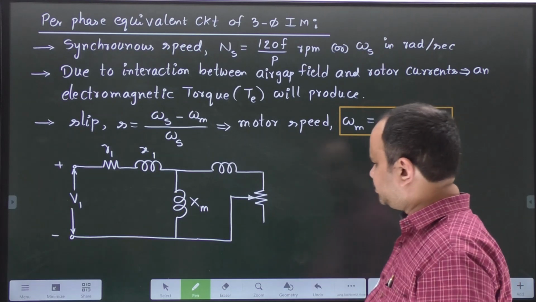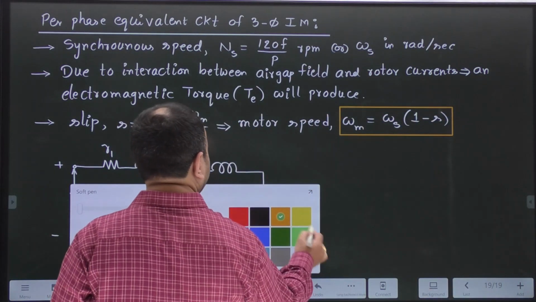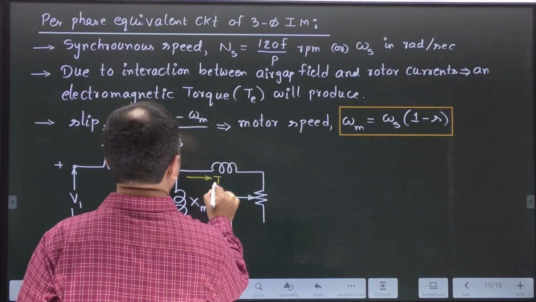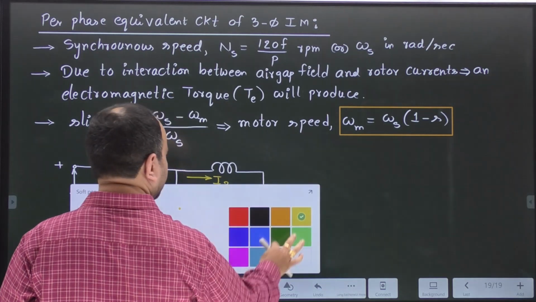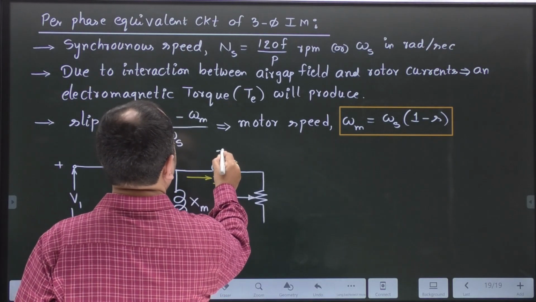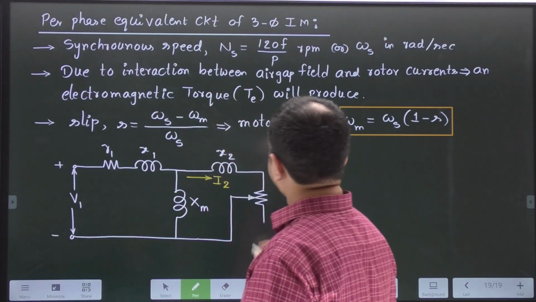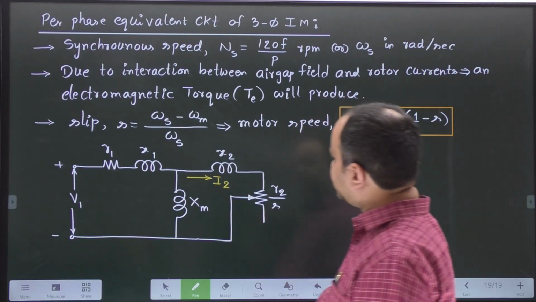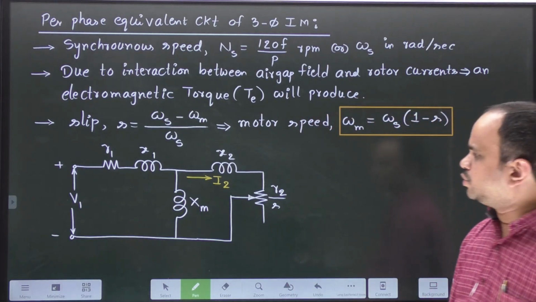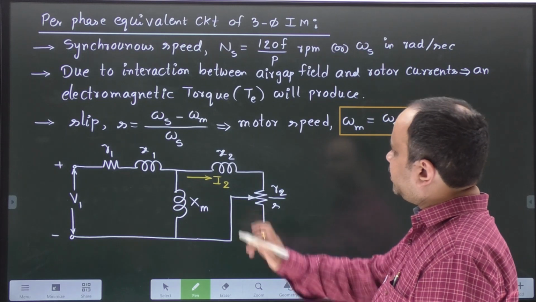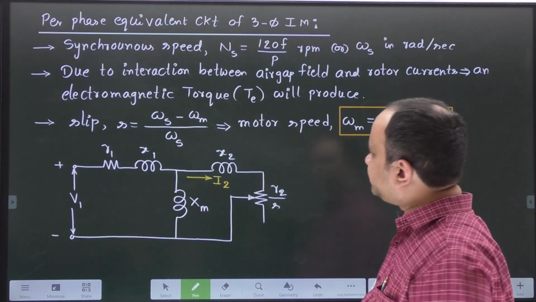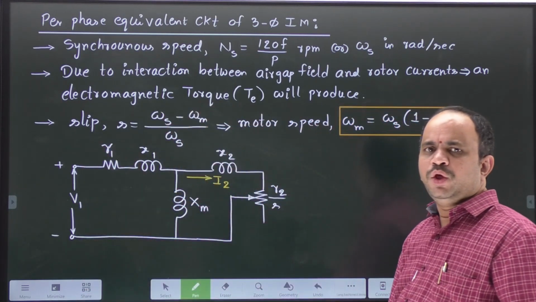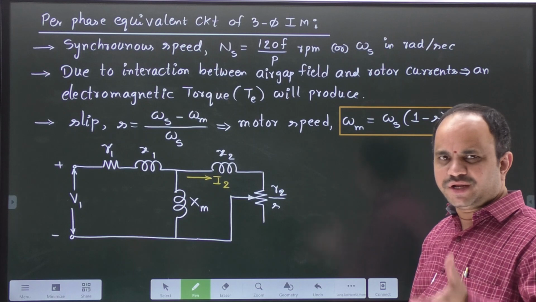Of course, it is a AC circuit. And here, this is I2, rotor current. Rotor resistance and mechanical equivalent resistance referred to rotor side, R2 by S. Okay, this is somewhat simplified circuit, equivalent circuit of three-phase induction motor with a little bit error, not much error.